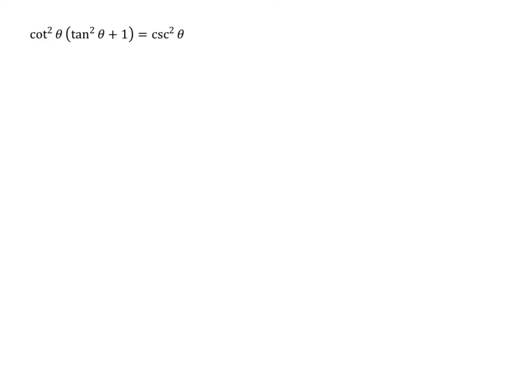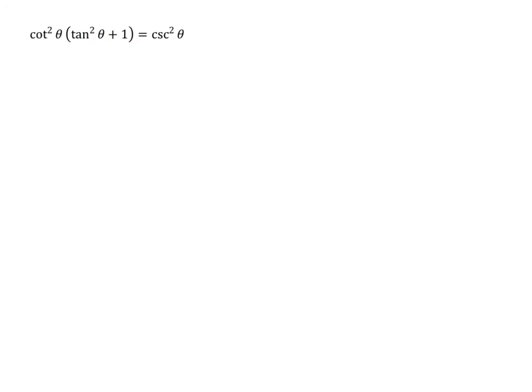This next problem is a little bit more difficult because we have things on both sides of the equal sign. But remember, we're working with the more complicated side, and our goal is to get to this value. So in starting with the more complicated side, I deal with this first. And one thing that you should absolutely notice is that inside these parentheses is a Pythagorean identity.